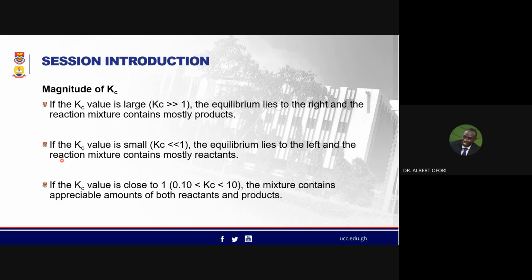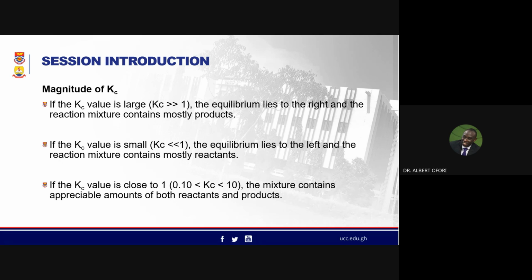The magnitude of K gives us information. What information are we getting? If we calculate and we see that K is large, that is, it is more than one, then we get the information that the equilibrium lies on the product, the right side of the reaction.